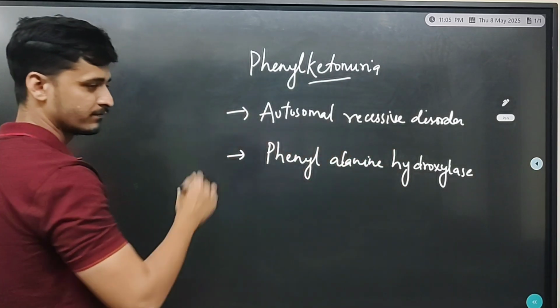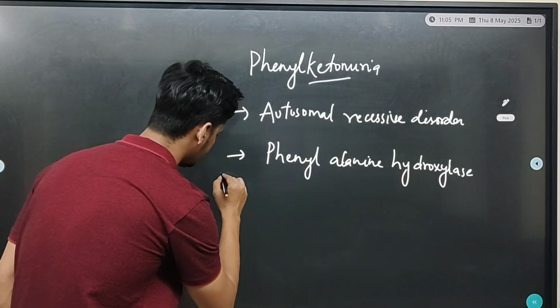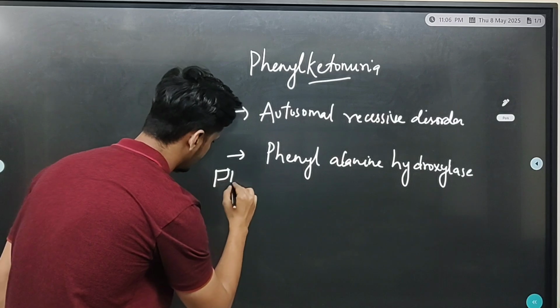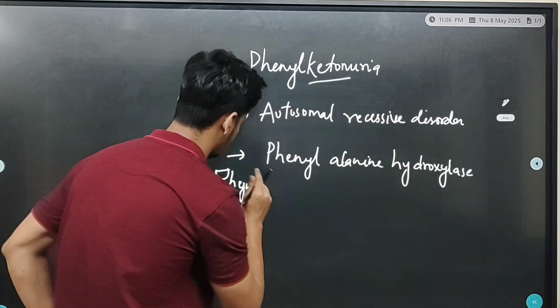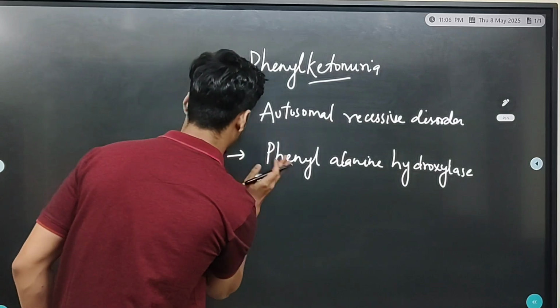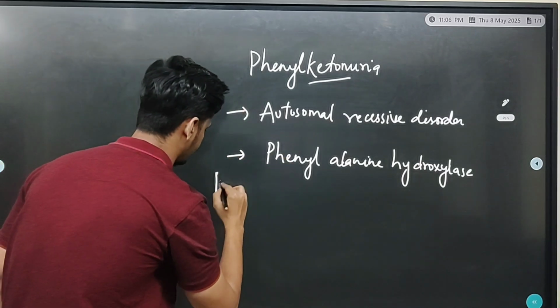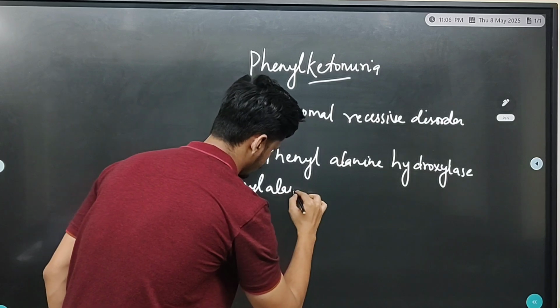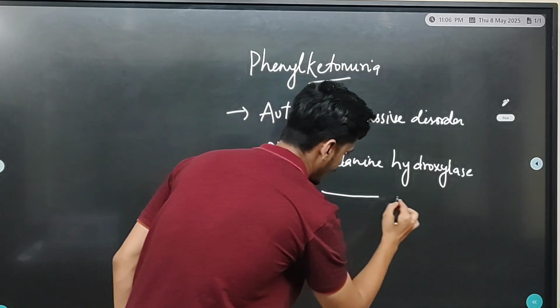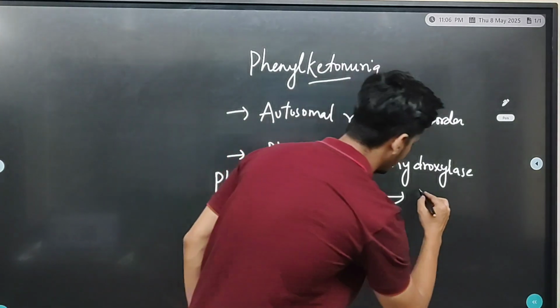So this enzyme converts phenylalanine to tyrosine.